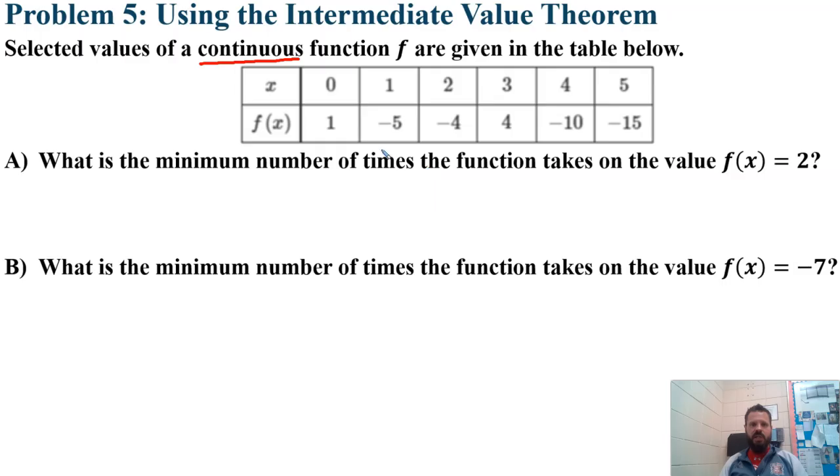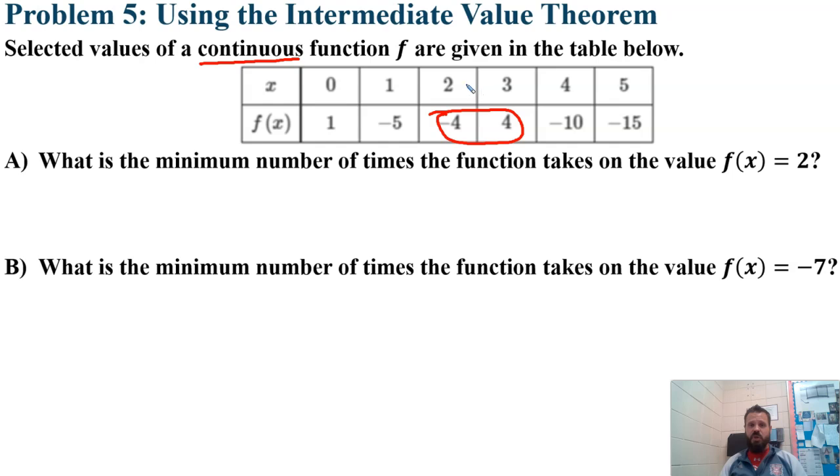All right, well, let's take a look. We want to count basically how many times our function passes that 2. From 1 to -5, we may somewhere between 0 and 1 go past 2, but based on the data we have, we can't say that for sure. Same thing with -5 to -4, it doesn't necessarily have to pass it. But if my function's values go between -4 and 4, that's going to be one time that this graph is going to have to pass f of x equals 2.